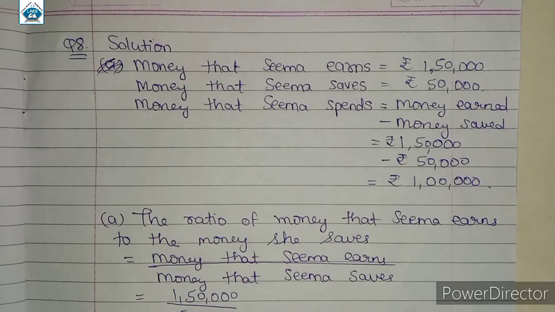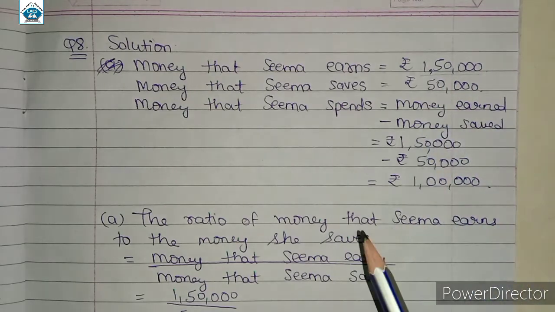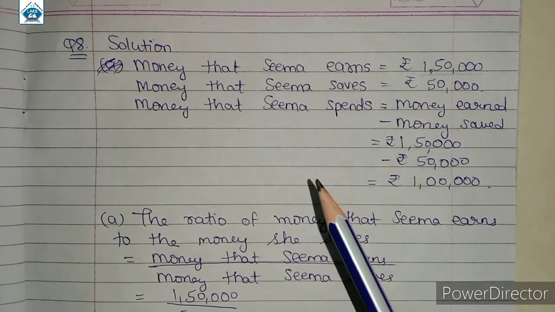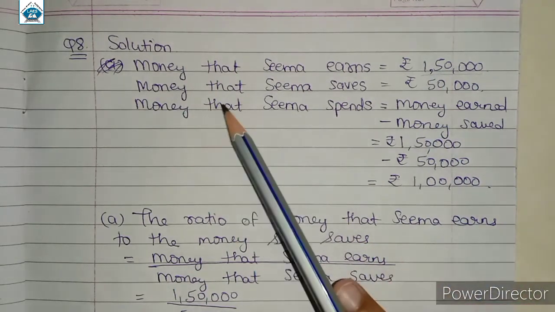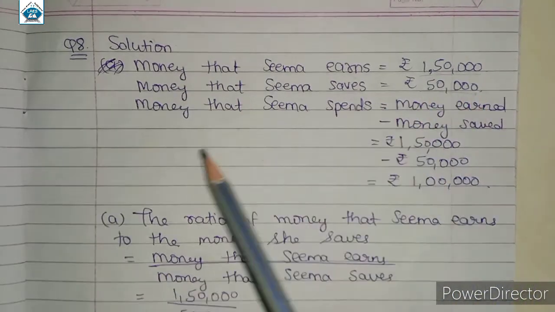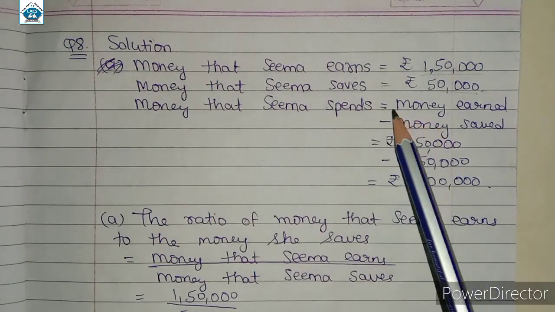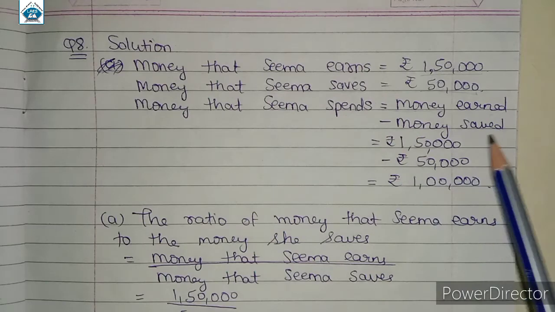In this way you need to write the solution in your notebook. Money that Seema earns is equal to rupees 1,50,000, this is given to us. In a similar manner we are given money that Seema saves, which is equal to rupees 50,000. So with this we will calculate money that Seema spends, which I already explained to you. Money earned minus money saved.